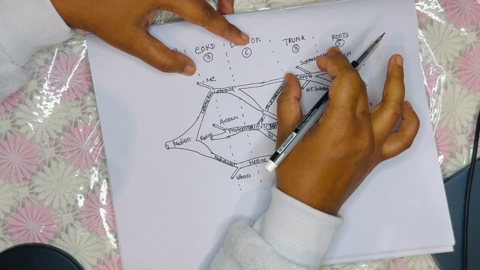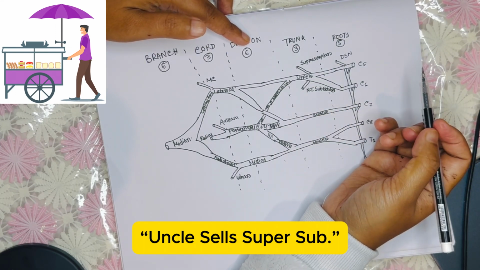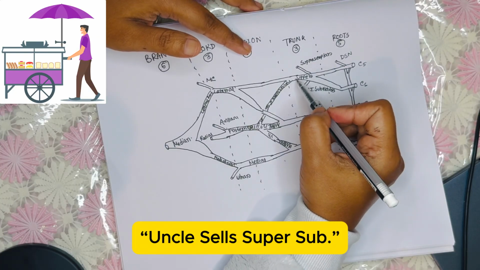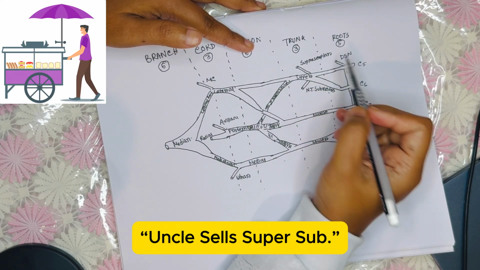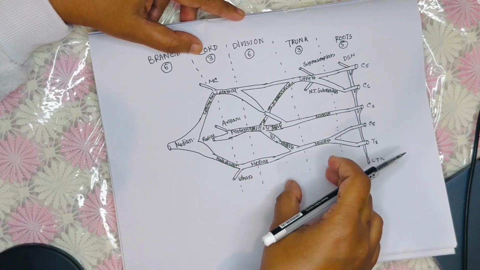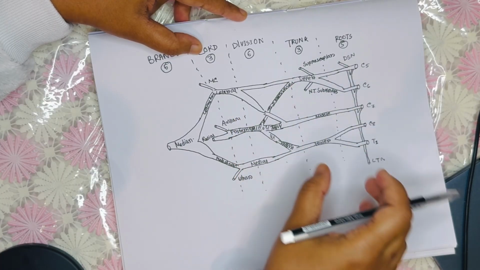You can remember this by the mnemonic uncle, cell, super, sub. Sub is one kind of sandwich, and here uncle is upper trunk, there is nothing for cell, super for suprascapular, and sub is nerve to subclavius. And there is nothing in the division, there are no additional branches.